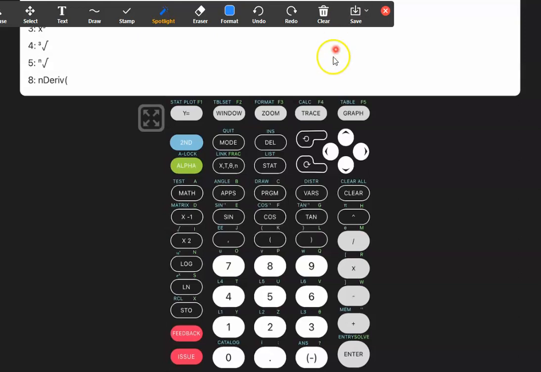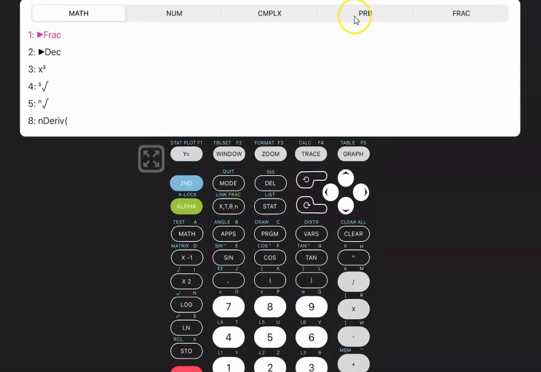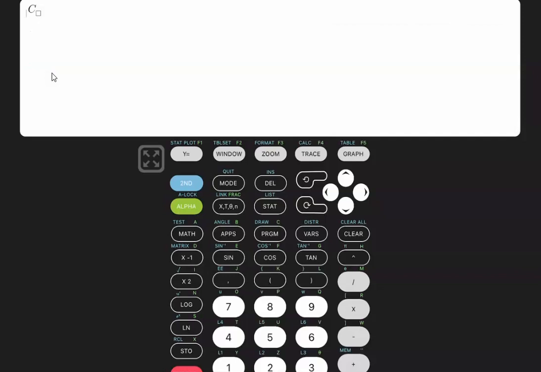That stands for probability. So scroll over to the PRB one. It should be, I think, the last option if you're using your physical calculator. And then this third option here is our n choose r. So if you scroll down to n choose r, two things are going to happen.